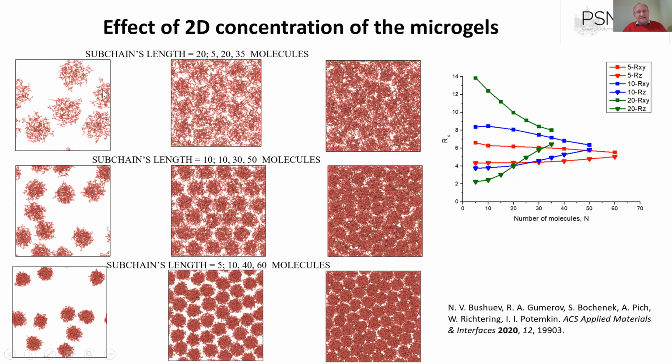And we see that when the microgels don't touch each other, they have maximum spreading in the area of the interface. And if we increase the concentration, the lines depict the decrease of the lateral size and increase of the normal size of the microgels upon compression.